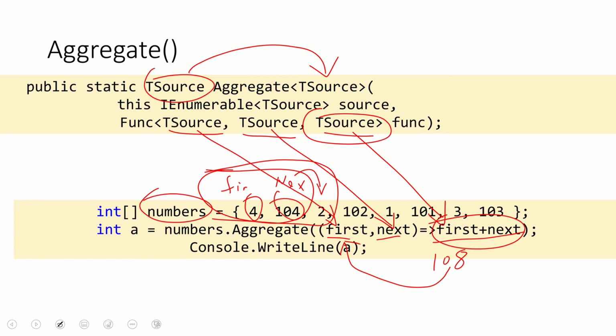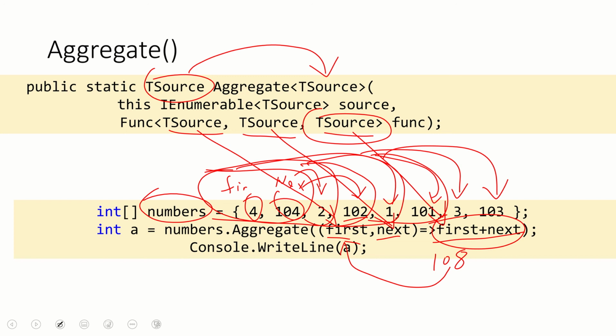They add these two together, and then move next to here, which is 102. 102 plus, together, then you plus 1. When you plus 1, you go to the next one, 101. Plus 101, you go to 3. Then next, you go to 103. Then you get the total value.